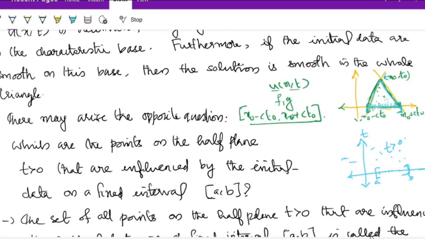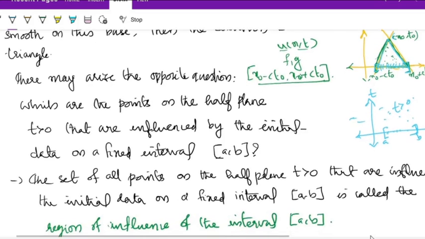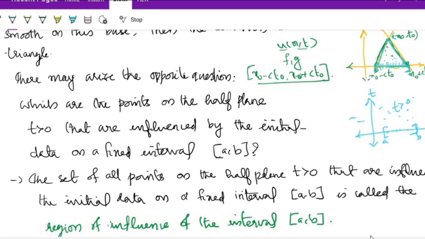The set of all points on the half plane t greater than 0 which are influenced by the initial data on this fixed interval is called the region of influence of the closed interval AB.